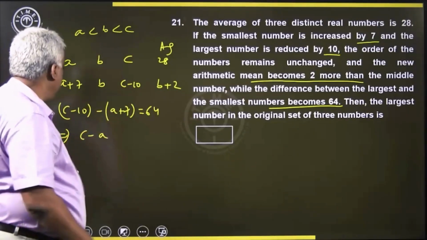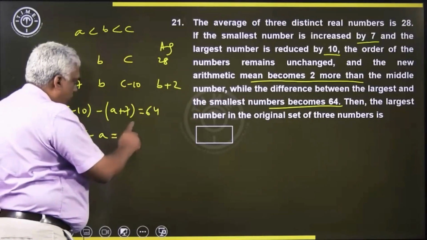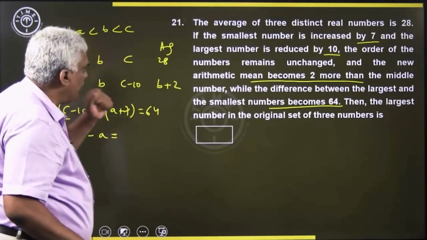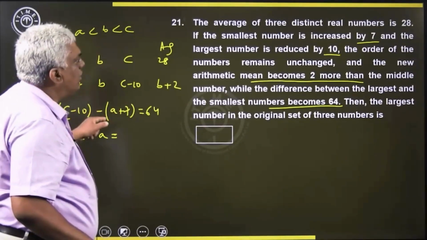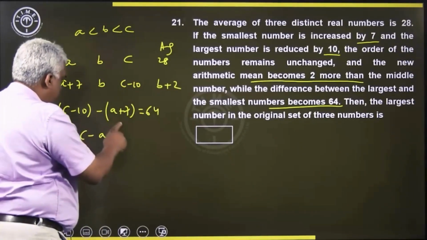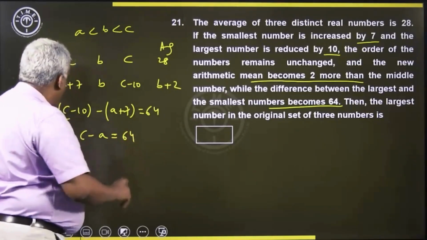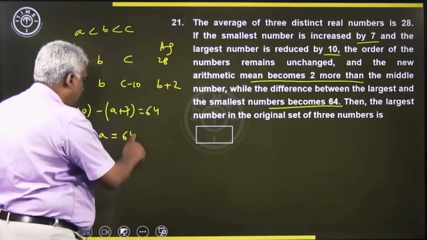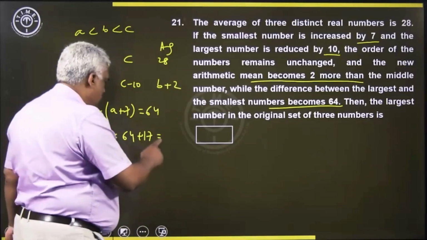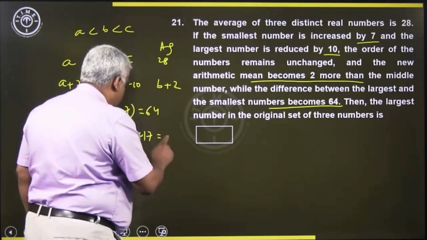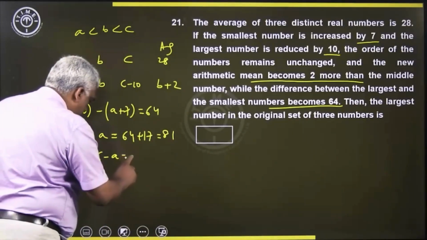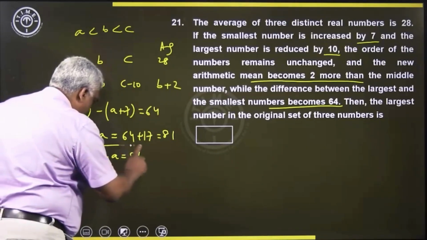C minus 10 minus A plus 7 is 64, so C minus A minus 17 equals 64. Moving the 17 over, C minus A is 64 plus 17, which is 81. So one equation we got: C minus A is 81.